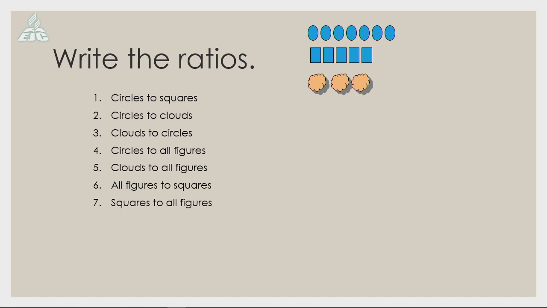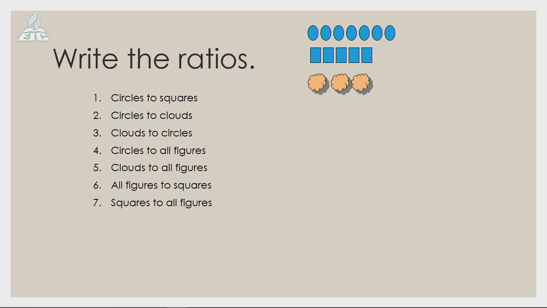Number 4, circles to all figures. I want you to note that part: circles to all figures. All the figures, now you'll have to count the entire figures to know how many are there. Number 5, clouds to all figures.